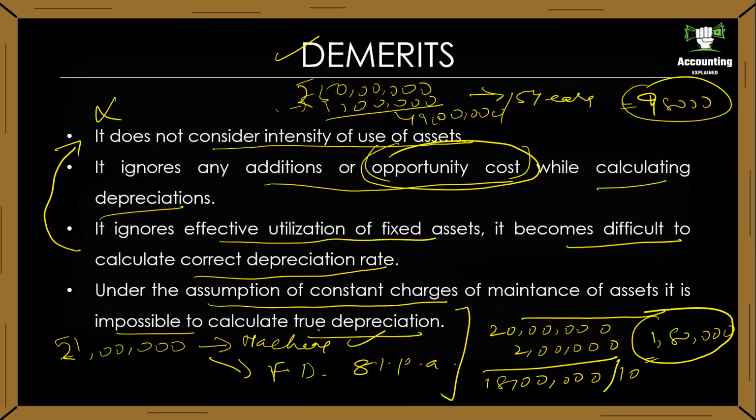However, technological advancements might render the machine obsolete after 7 years or unexpected breakdowns could reduce its useful life too, right? The straight line method cannot adapt to these changes. It's very difficult for the straight line method to adapt to changes because it considers only 1,80,000 constantly every year till the end of the life of the asset, that is 10 years, leading to incorrect depreciation charges.